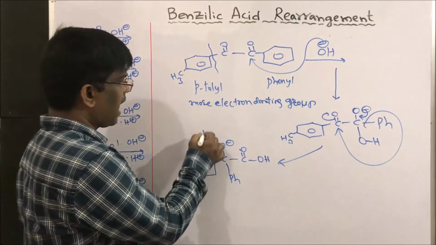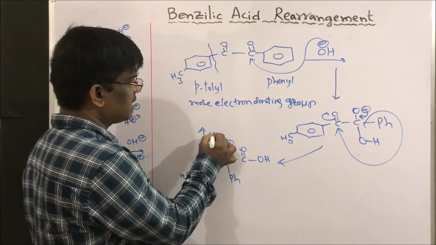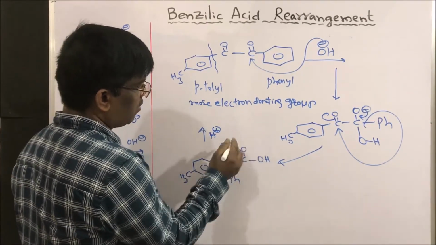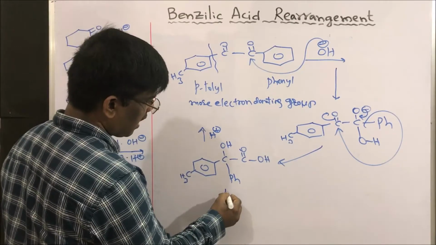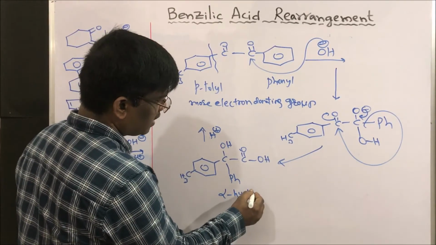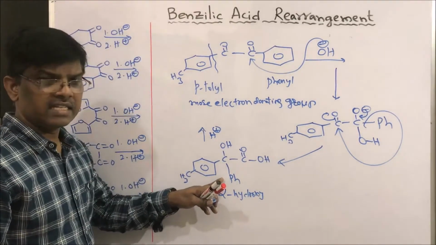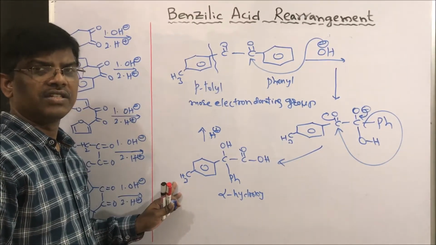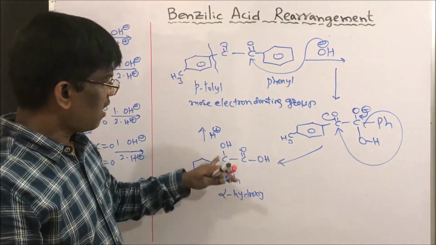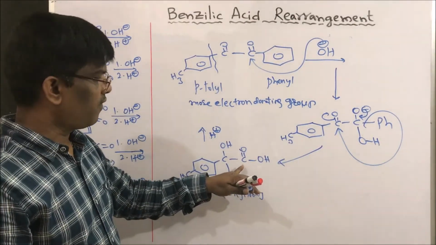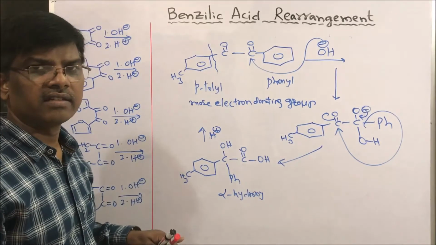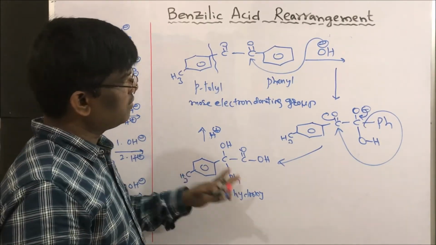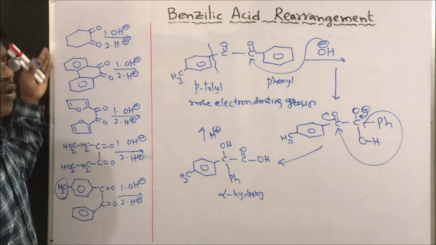When I add H plus ions, it becomes OH. So alpha hydroxy. Here, which one is going to be rearranged? This phenyl ring is going to be rearranged to give this alpha hydroxy acid. Yes, friends. Yes, students. So this is how this rearrangement takes place. Let us take some more examples.